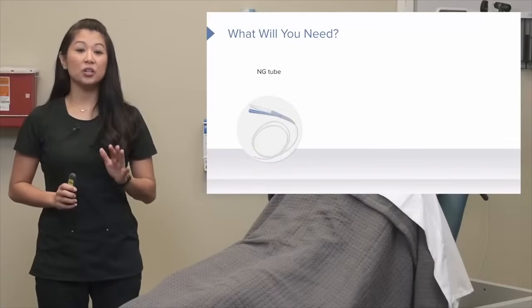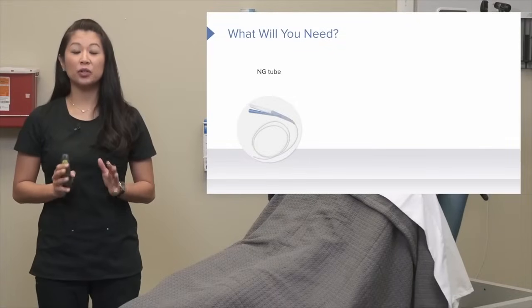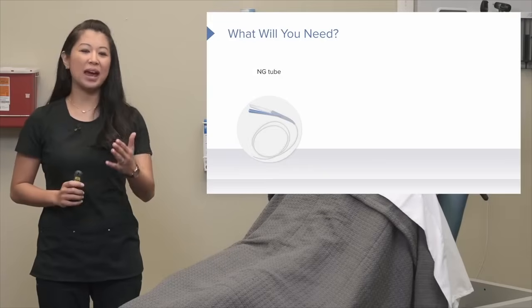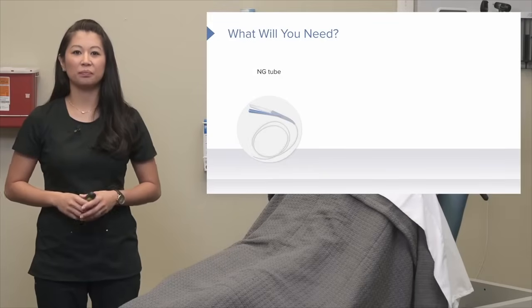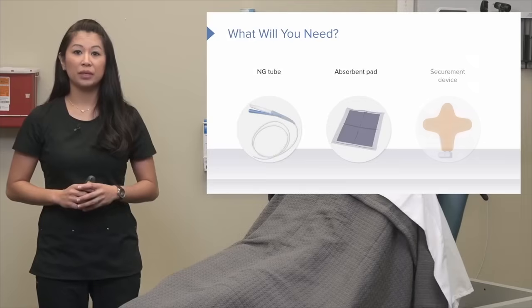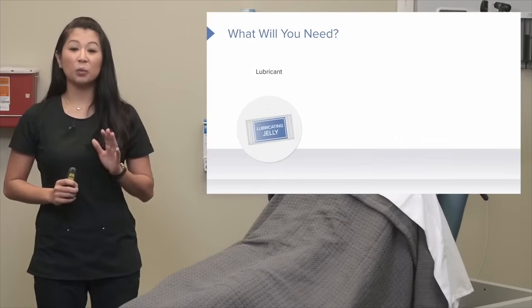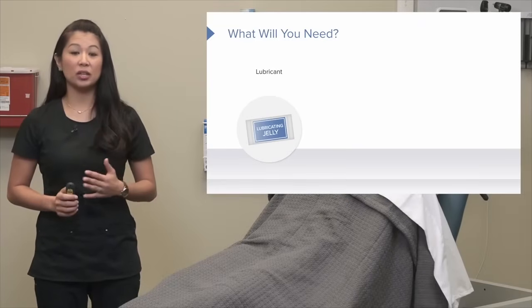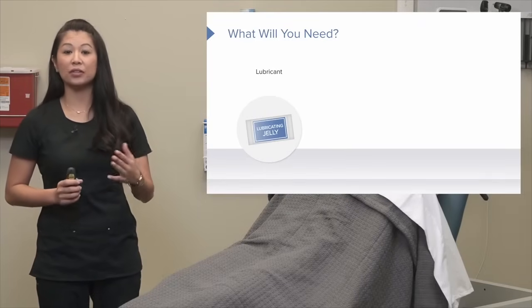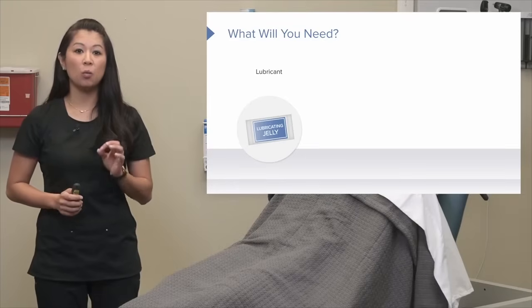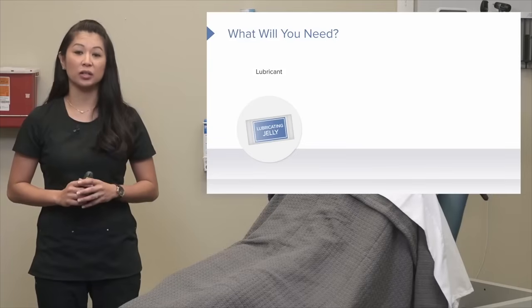What you're going to need is your nasogastric tube, and you have to choose depending on the need of your patient. Here we have a Salem sump, for example. You're going to need an absorbent pad or a towel, and a securement device. Any time you put something into a patient, like a Foley catheter or a nasogastric tube, use a water-soluble lubricating jelly for comfort.